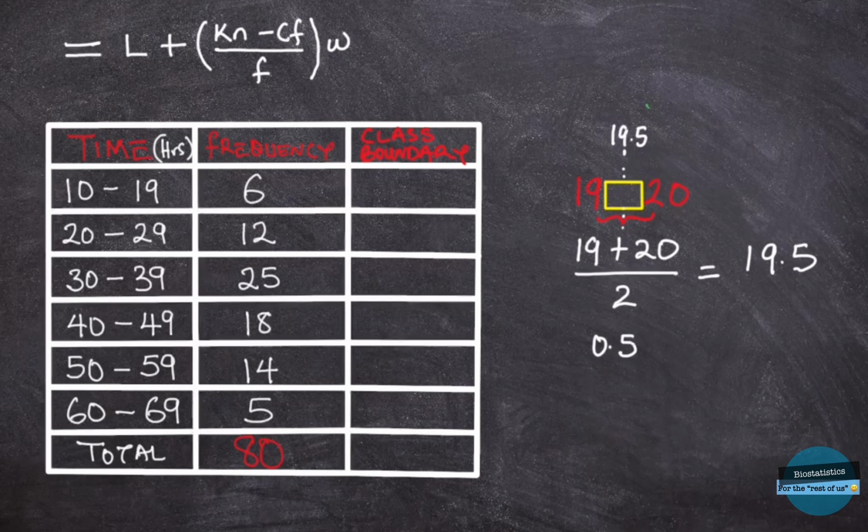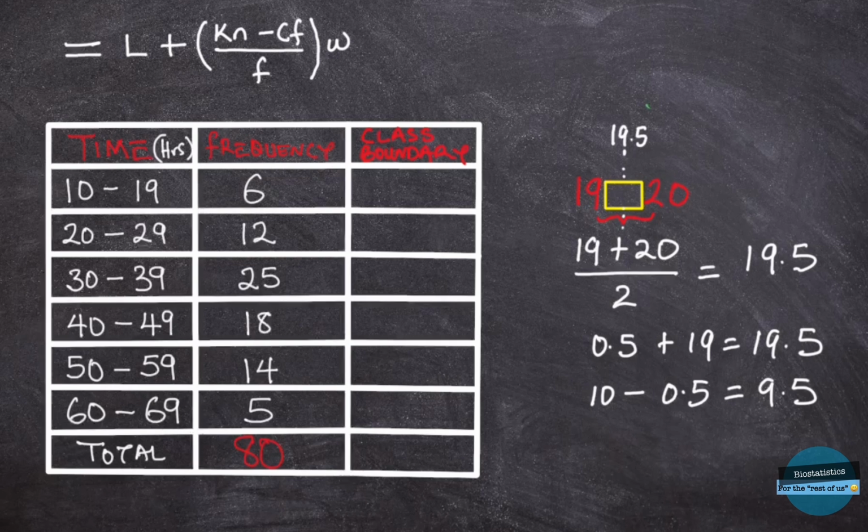So we'll subtract 0.5 from the lower limits and add 0.5 to the upper limits of each class. So for the first class, we will have 9.5 to 19.5, and then 19.5 to 29.5, and so on.